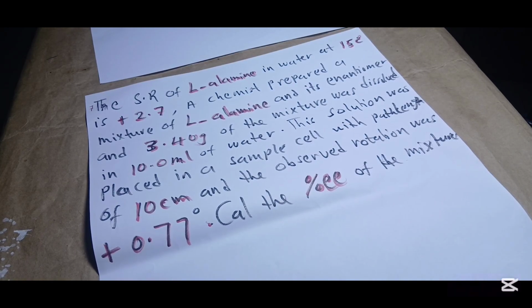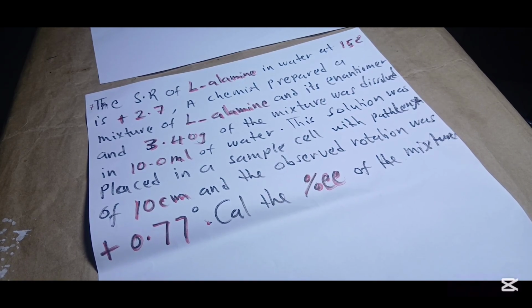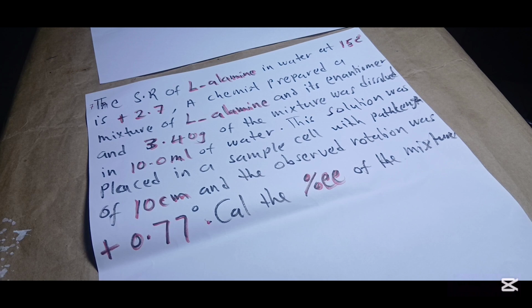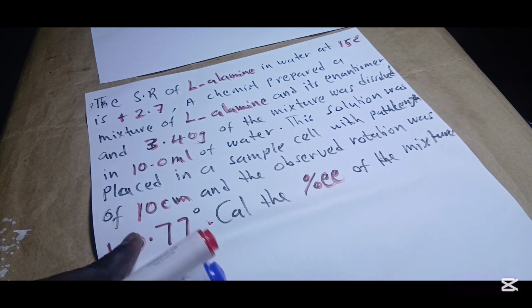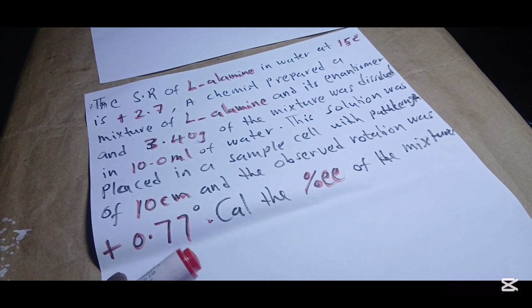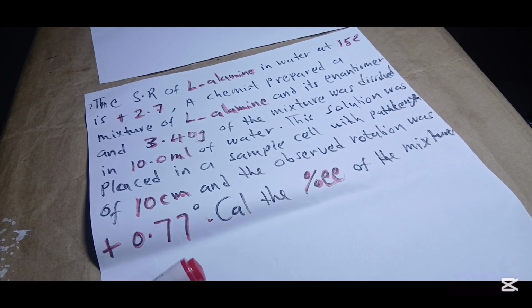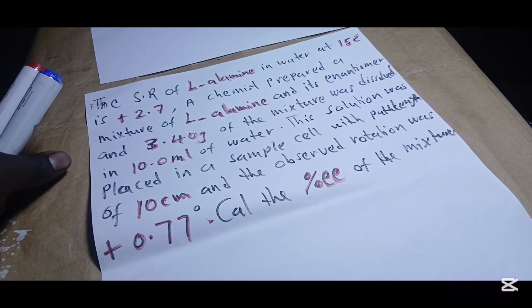The specific rotation of L-alanine in water at 15 degrees is positive 2.7. A chemist prepared a mixture of L-alanine and its enantiomer, and 3.40 gram of the mixture was dissolved in 10.0 ml of water.